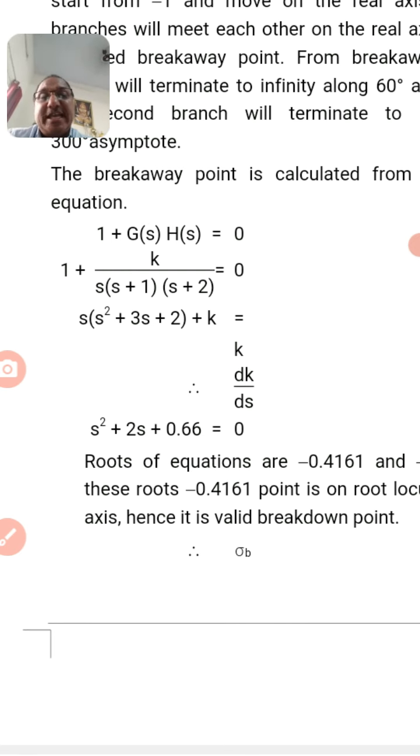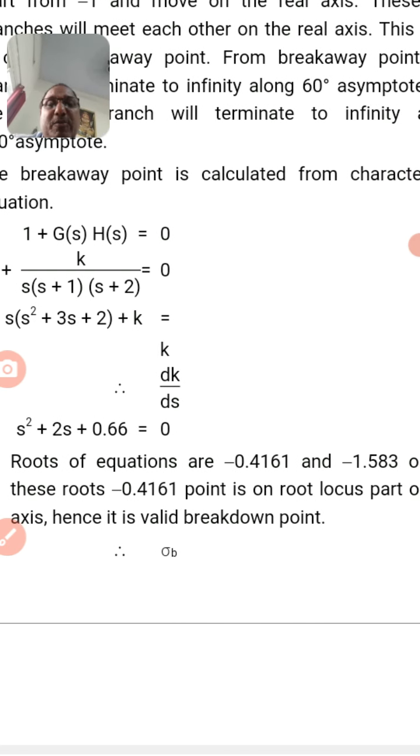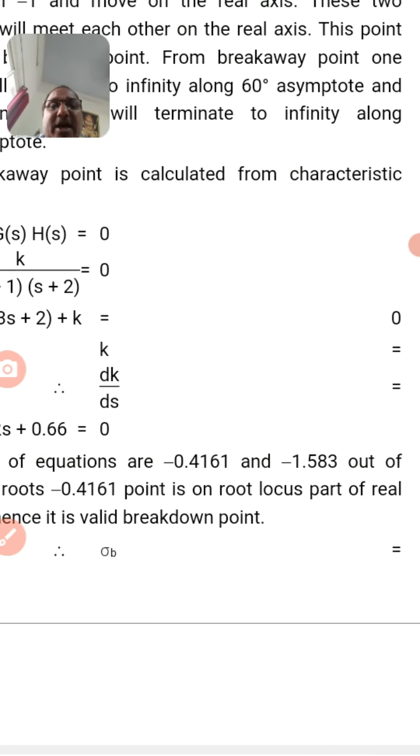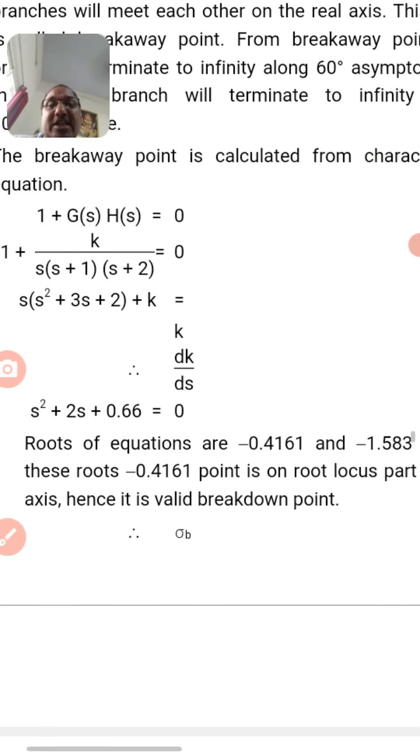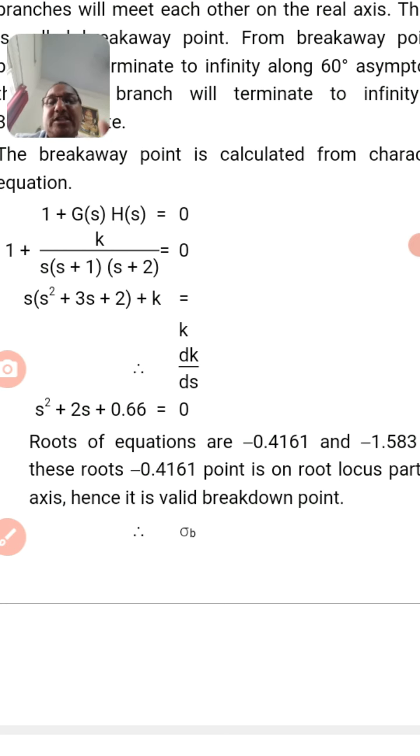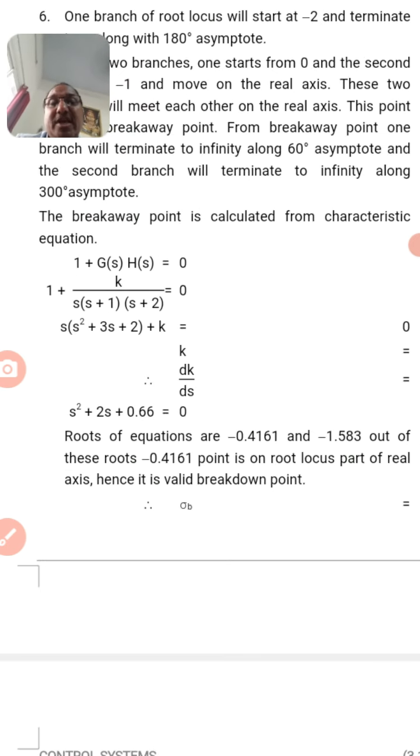By taking dk upon ds of the above equation, it becomes s square plus 2s plus 0.66 is equal to 0. Roots of this equation are minus 0.41 and minus 1.583. These are the two roots of this characteristic equation.